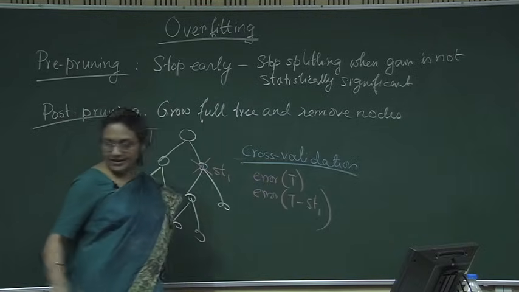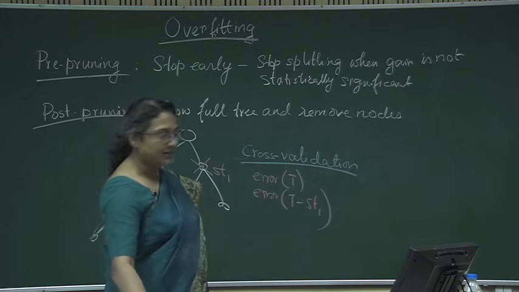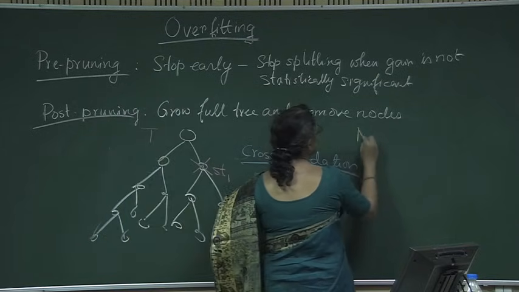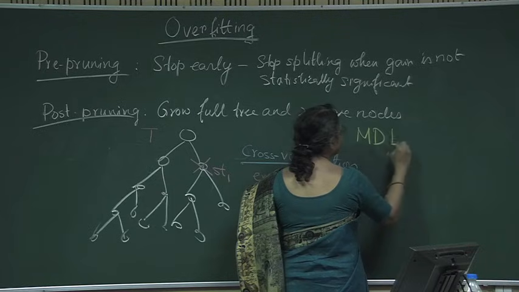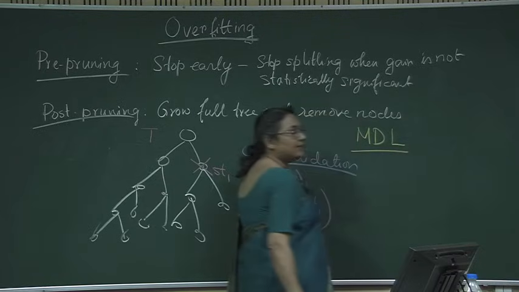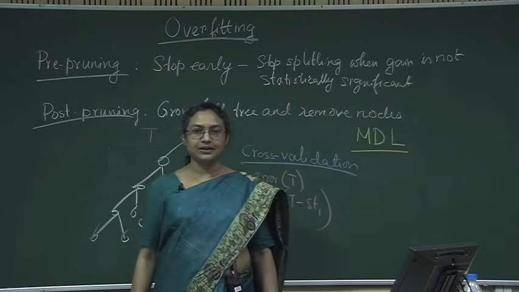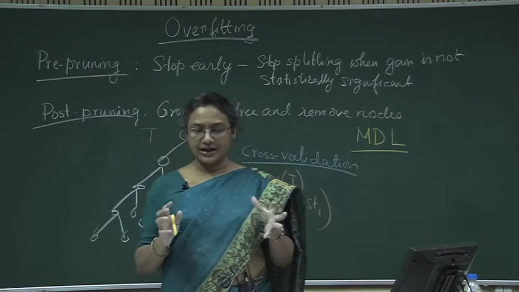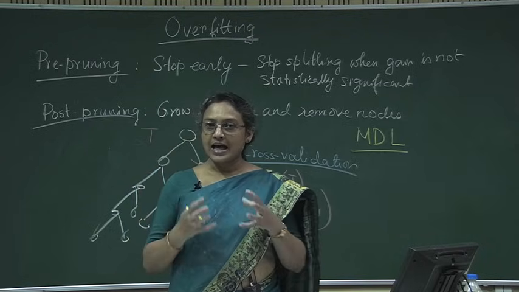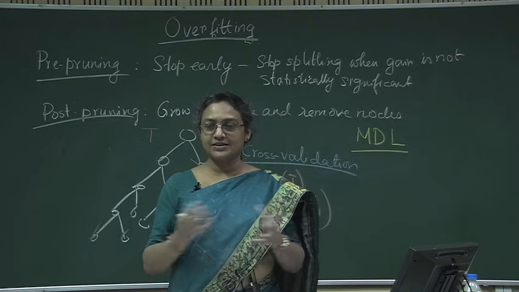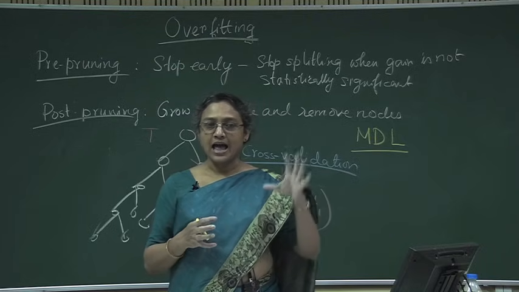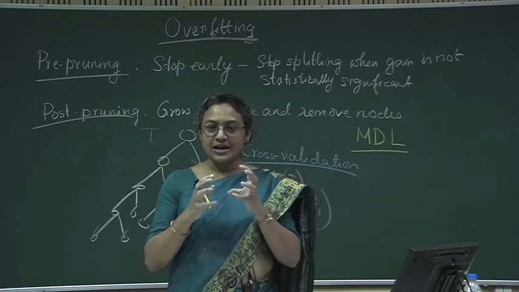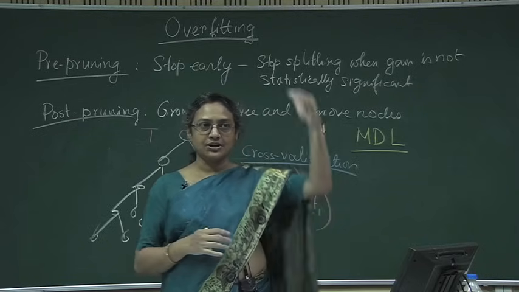Apart from cross validation, there is another method based on a principle called MDL, or minimum description length. We will not talk about this principle in detail. The basic idea is, you think of having a function or a decision tree or a classifier as reducing the size of information.